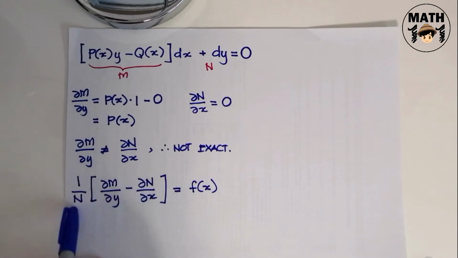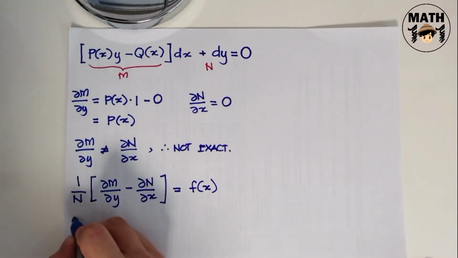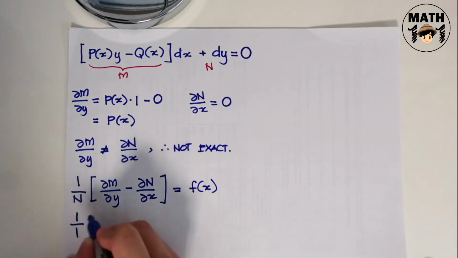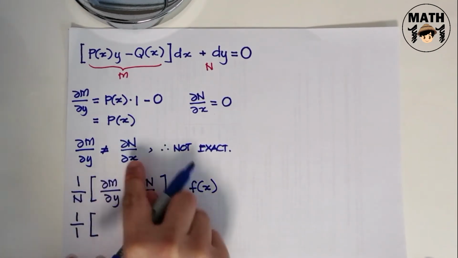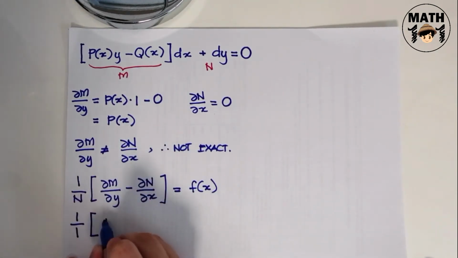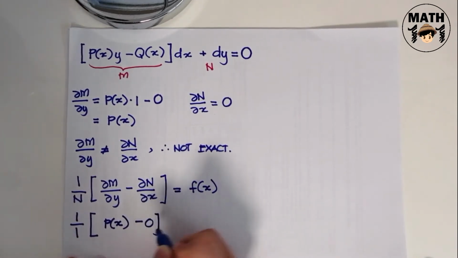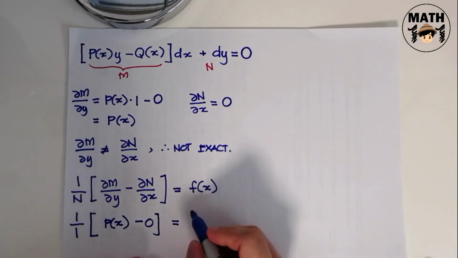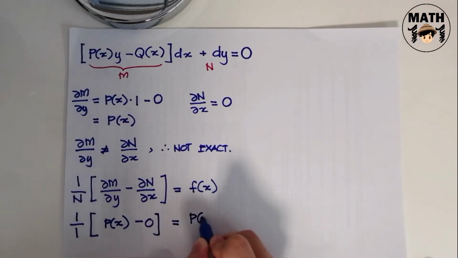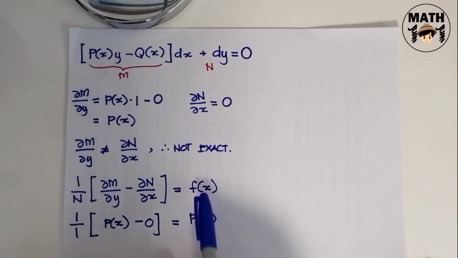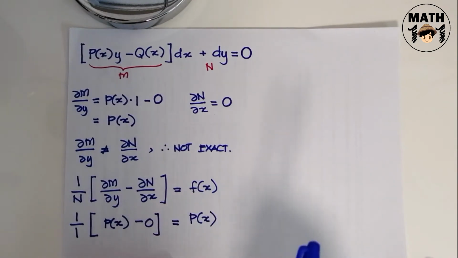Tingnan natin ano bang makukuha natin kapag pinreform natin to. 1 over N, that is 1 over 1, multiplied by p of x minus 0. We can see na ang makukuha natin dito is p as a function of x, which is consistent with this.